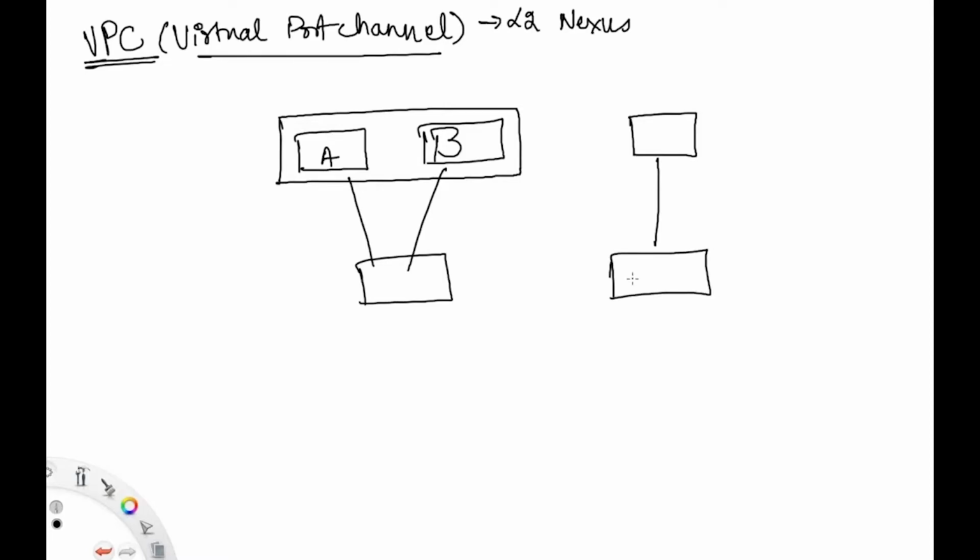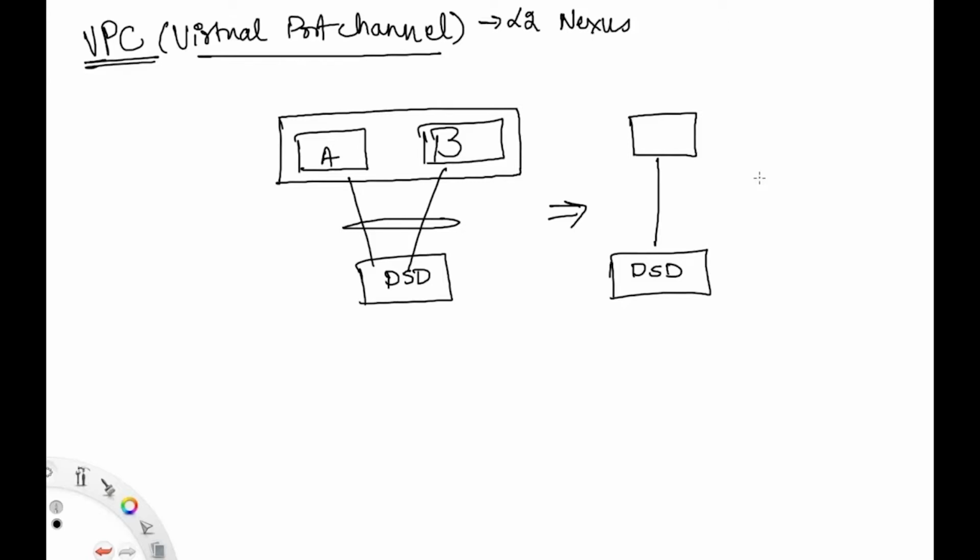VPC, please make note, is a layer 2 Nexus technology where when you configure VPC configurations between these two Nexus switches, they logically appear as a single switch to your downstream device. Whatever is your downstream device, the downstream device will only see a single logical switch that it is connected to. It would never know that there are two switches which are connected to its uplink.